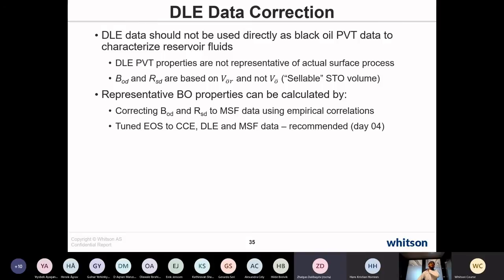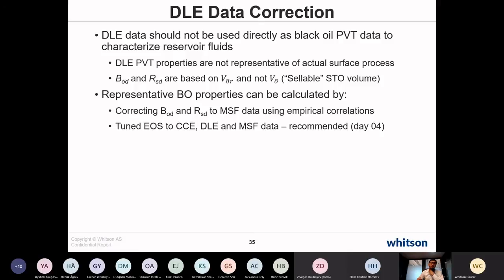Yeah. So if the well is producing from the oil rim and you have the oil sample, that's something we will try to answer in a slightly different way at the end of the presentation.